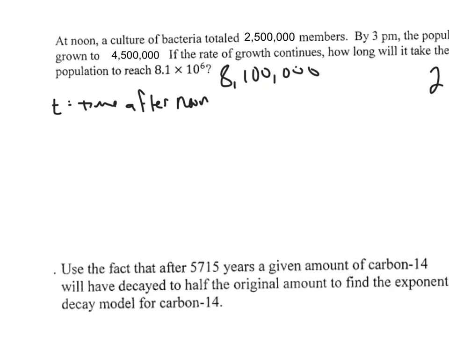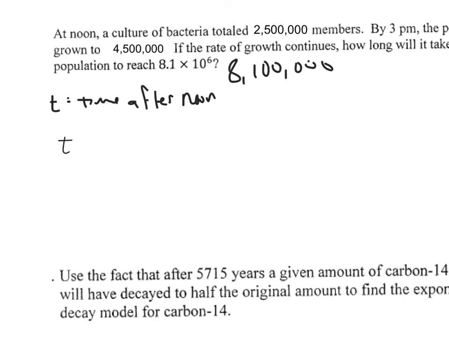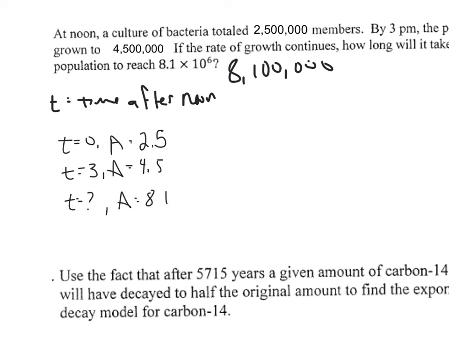When t is 0, our amount, which is our population in this case, is 2.5 million. At 3 o'clock, which is 3 hours past noon, our amount is 4.5, and we want to know what t equals when our amount is 8.1. That's what we're going to be working on for this example.